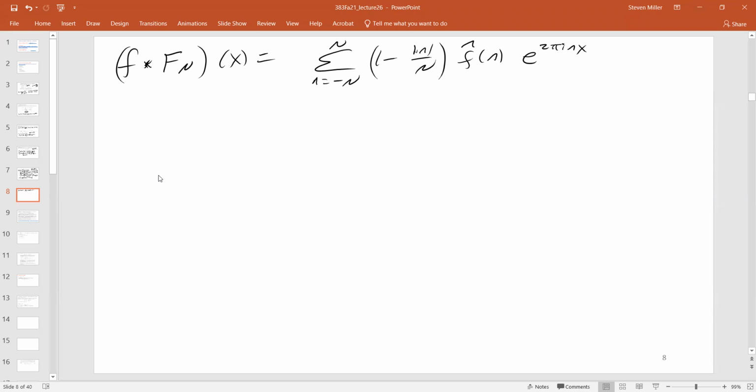So this shows you one of the reasons why we like working with Fourier series. If we look at f convolved with the Fejér kernel, we get the weighted Fourier series. What would you conjecture, without even doing the calculation, f convolved with the Dirichlet kernel would be?